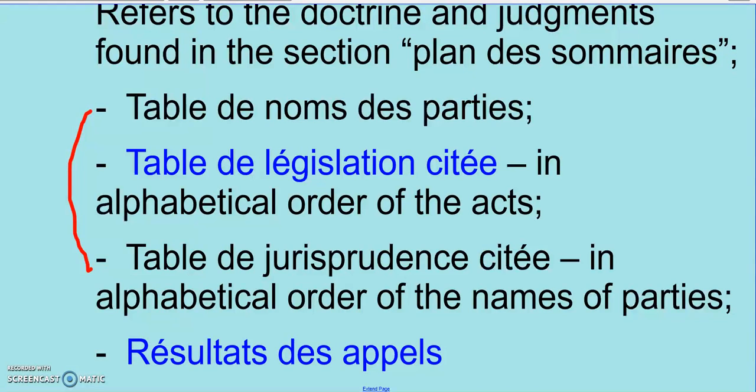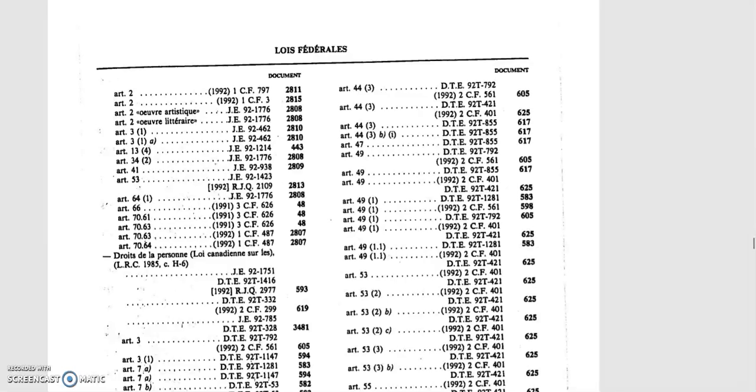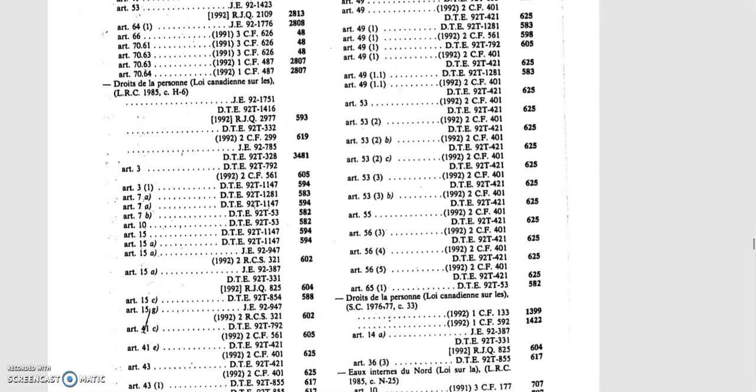Well, I can search in table de jurisprudence citée. Let me just get my table. And I would be able to see if the case Morgan Taylor was cited in another case. Obviously, Morgan Taylor was cited in Tremblay contre d'Aigle.